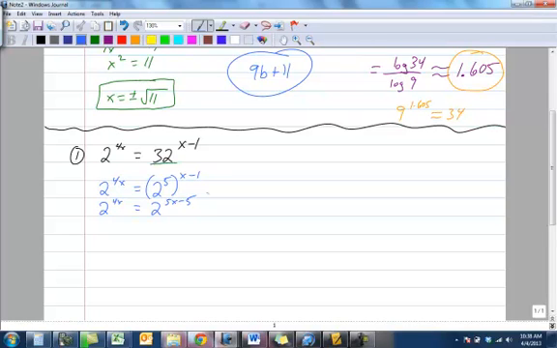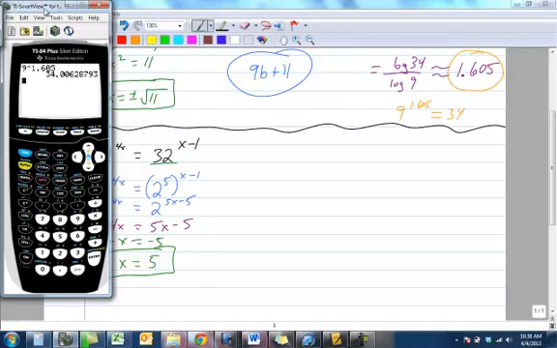Now, if 2 to the this is equal to 2 to the that, does it make sense that this is equal to that? Yeah. So solve this really quick. I'll race you. You get negative x equals negative 5. x is 5.